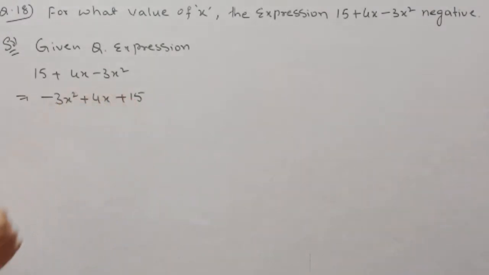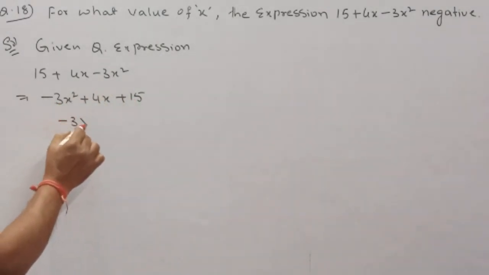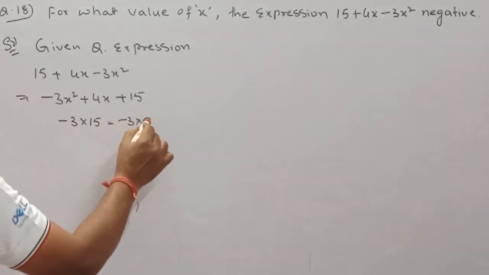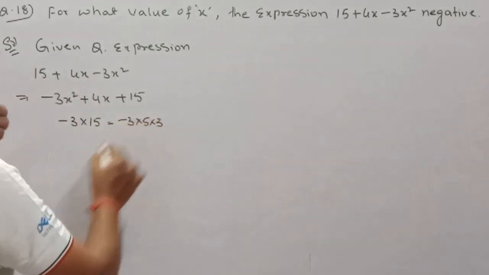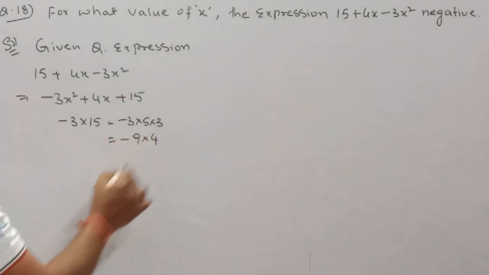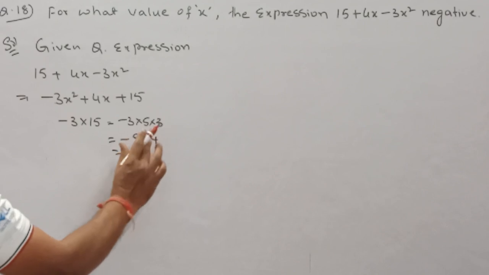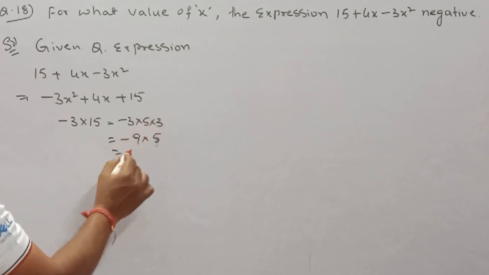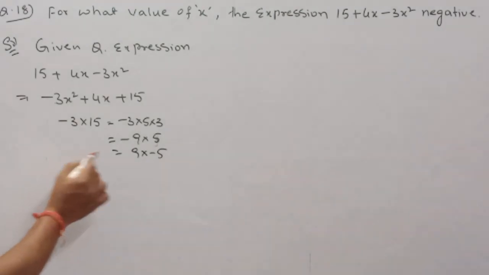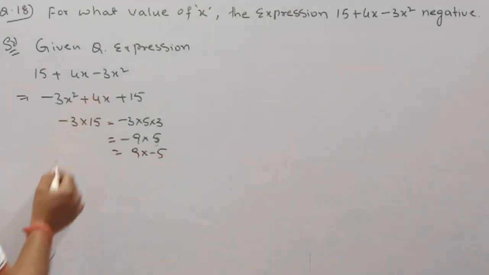Minus 3 into 15 equals minus 3 into 5 into 3. This is minus 9 into 5, or 9 into minus 5. So 9 minus 5 is 4.